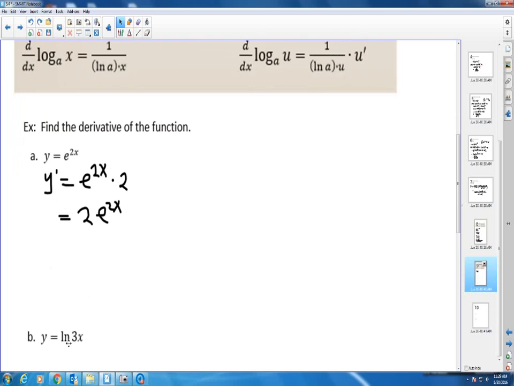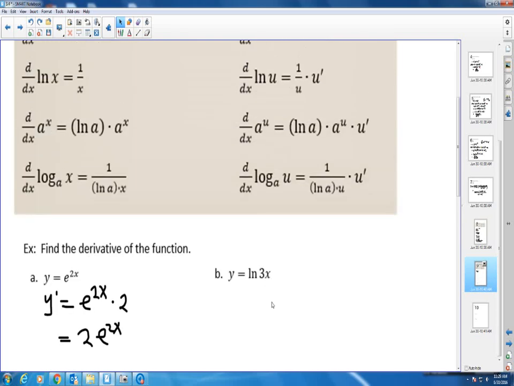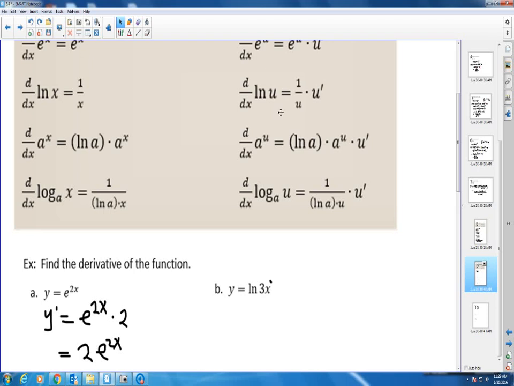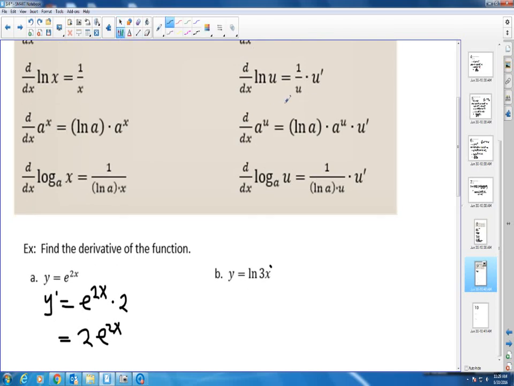Alright, let's look at another one. Let me put it right here. Natural log of 3x. So the 3x is actually the inside function. Alright, the derivative of natural log of u is 1 over u. So the u is the 3x, so that will be 1 over 3x, 1 over u, times my u prime.